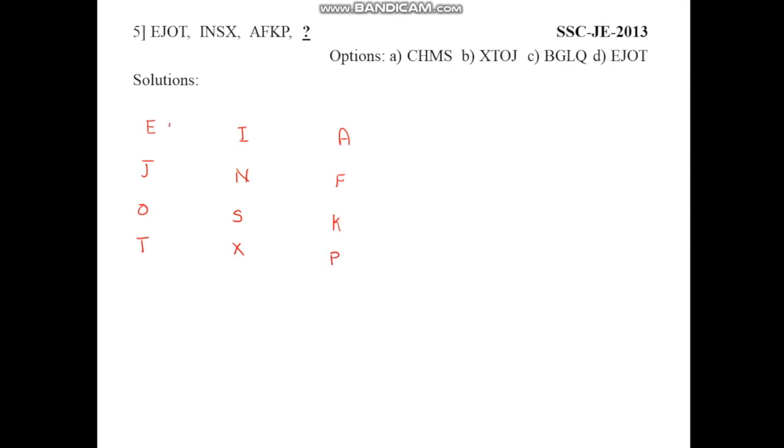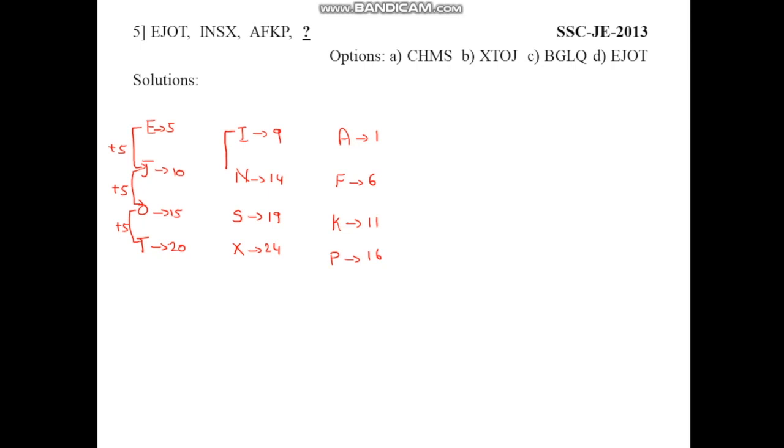So what is E? E is 5, next J is 10, O is 15, T is 20. Next I is 9, N is 14, S is 19, X is 24, whereas A is 1, F is 6, K is 11, P is 16. So just see here, E to J it is in the order of +5, J to O also +5, O to T also +5.